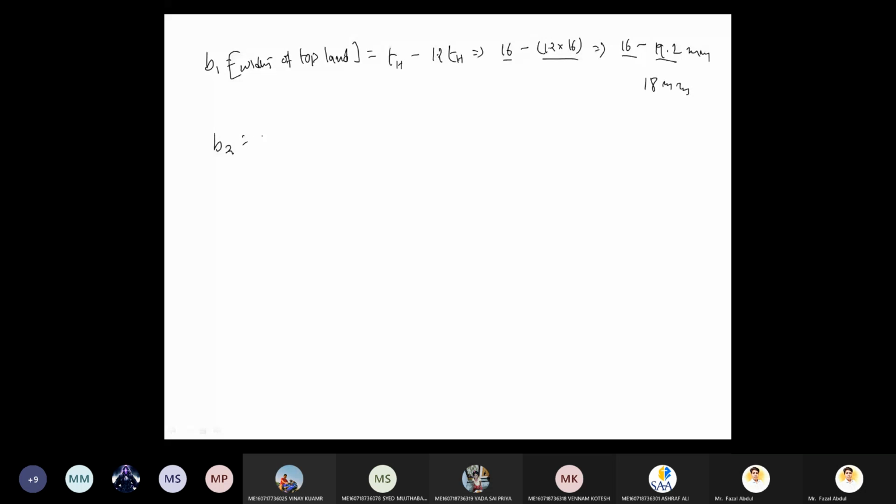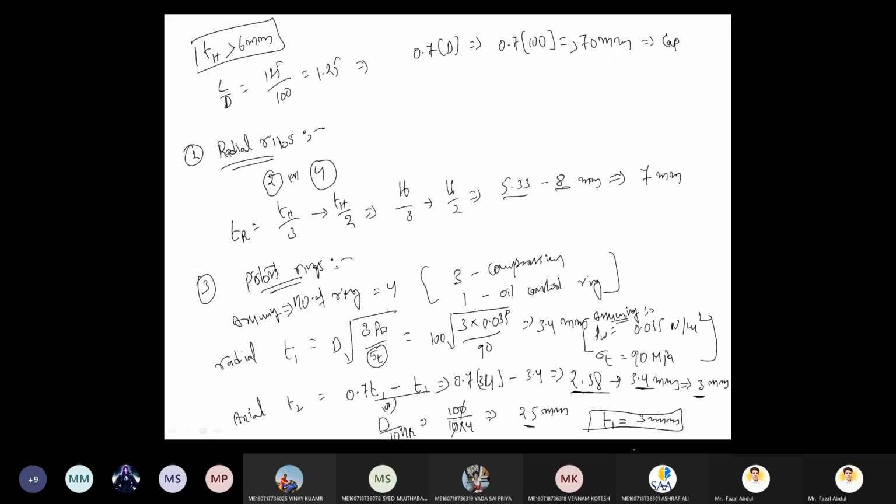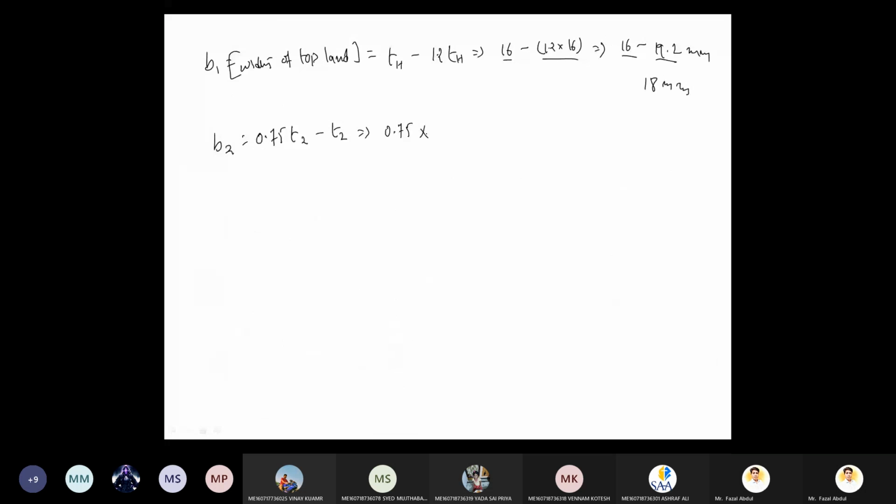The relation we have is 0.75 T2 to T2. T2 value how much did I get? 3.